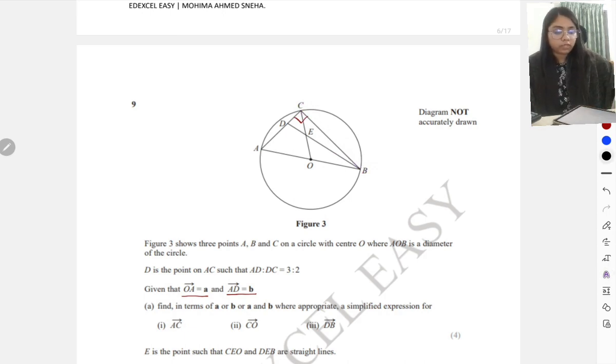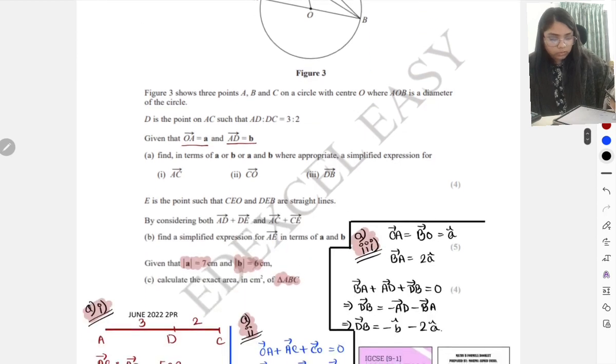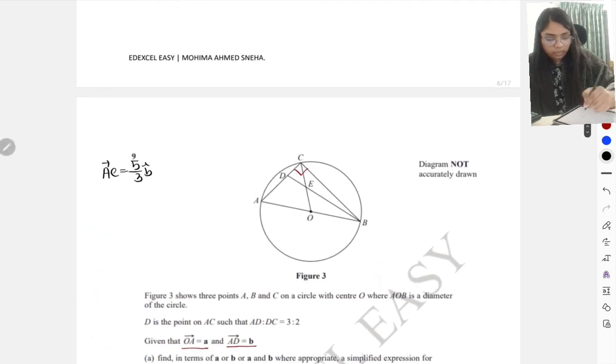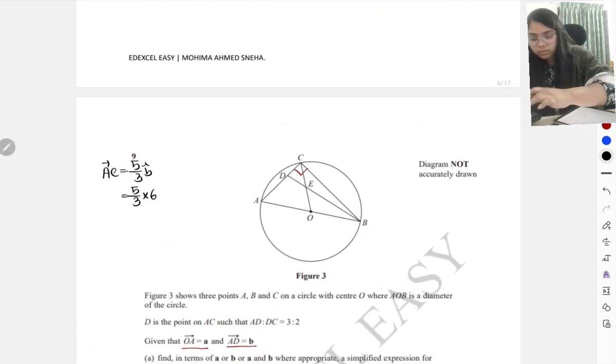So let's just first find out the length of AC. For AC, it's going to be 5 by 3 B, and B was 6, right? Yeah, 5 by 3 B, and we can finally write 5 by 3 multiplied with 6, so you get 10 over here.